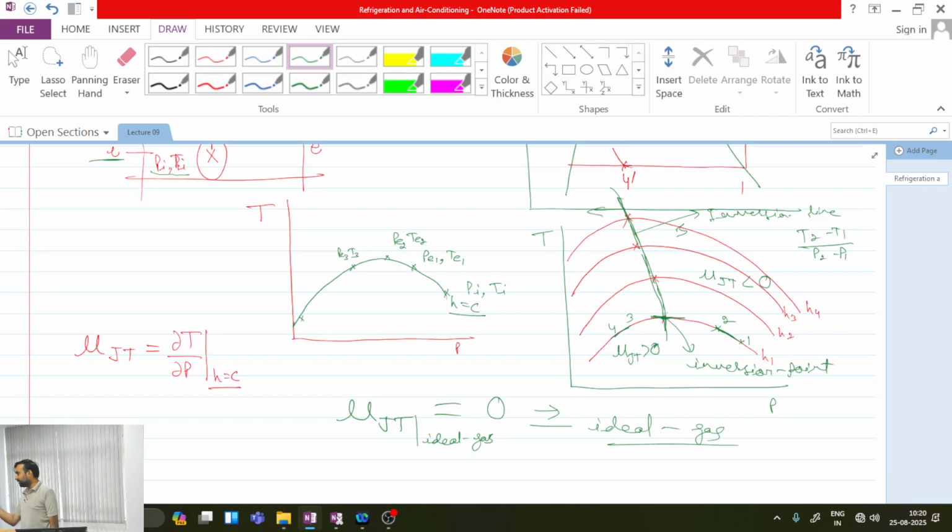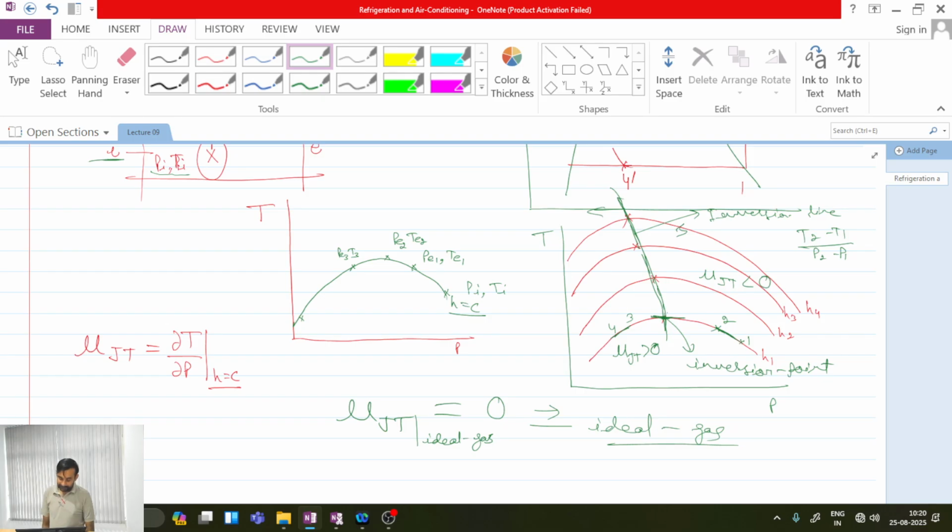That is the reason whenever we were talking about the gas refrigeration cycles, we have used turbine or compressor. We did isentropic expansion and we didn't do isenthalpic expansion. Okay, because enthalpy is a function of temperature for the gas, so if enthalpy remains constant, then temperature will also remain constant for ideal gas. Okay, so Joule-Thomson coefficient for ideal gas is always equal to 0.